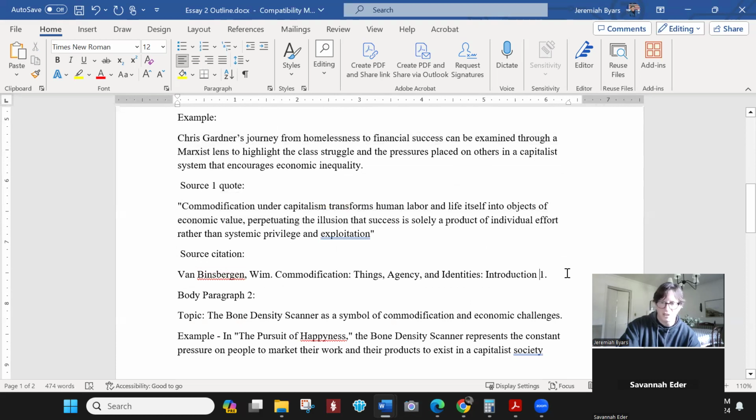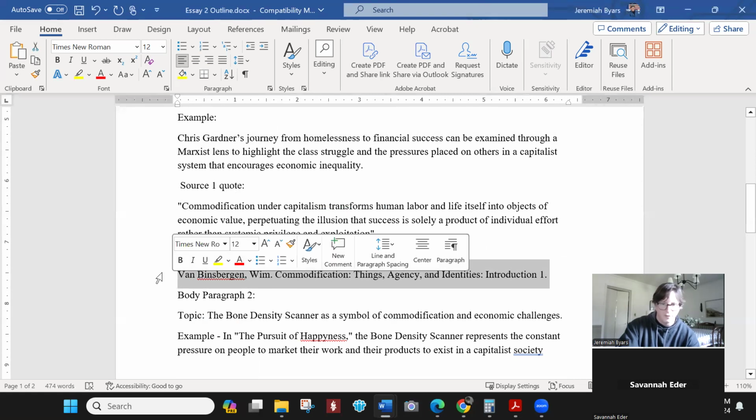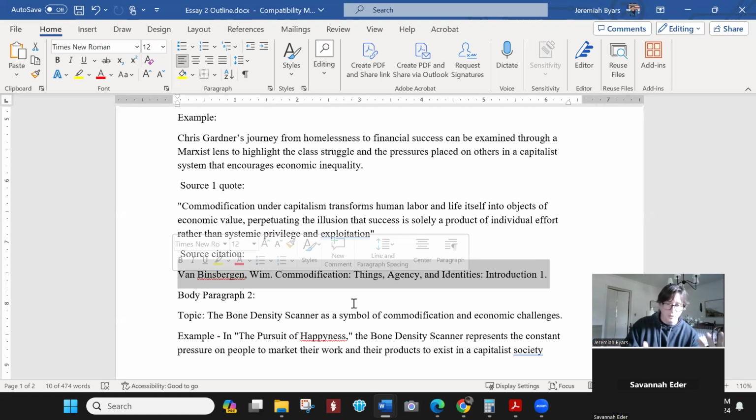Now, the citation is not fully fleshed out. I didn't take points off because they have the source, they have the citation, so I know where the source came from. On their own, when it comes to writing their actual paper, they will need to finish the entire source. If they copy and paste this into their essay 1, then they're going to lose points because that's an incorrect citation, right?